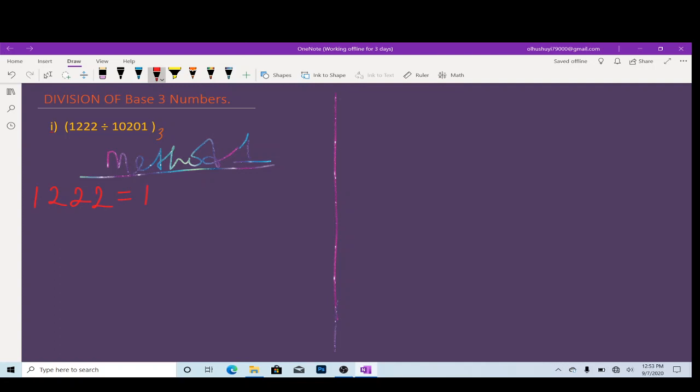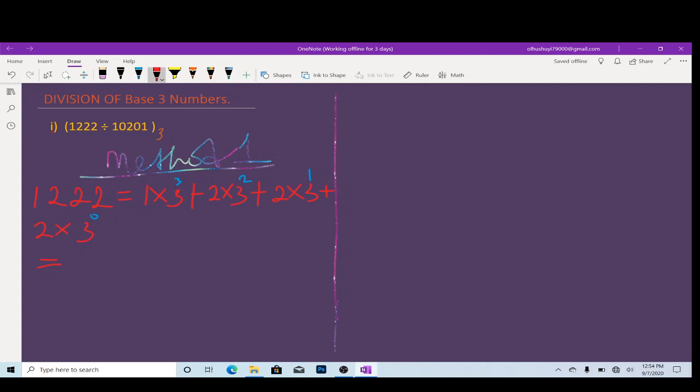That will be equal to 1 times 3, plus 2 times 3, plus 2 times 3, we have 3 2's, plus 2 times 3. Then you power them, power 0, 1, 2, 3.